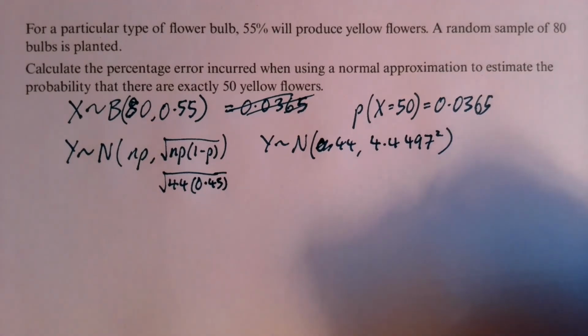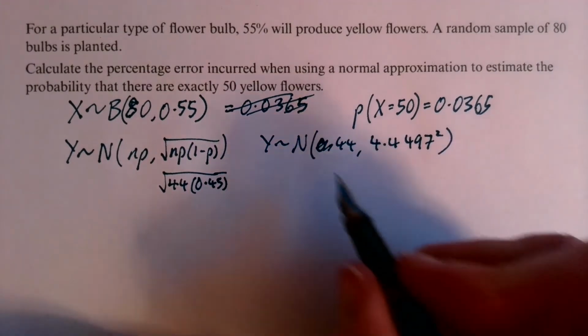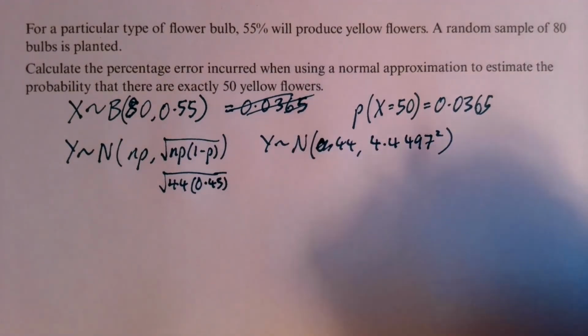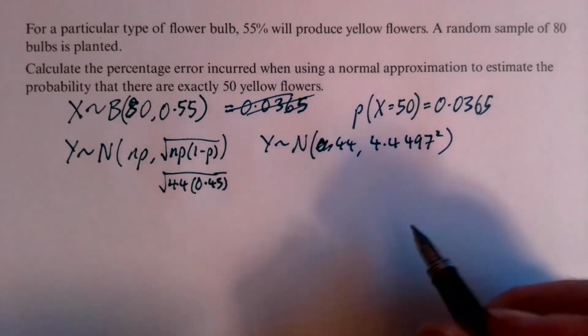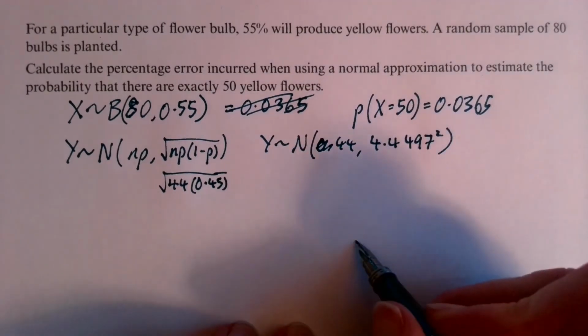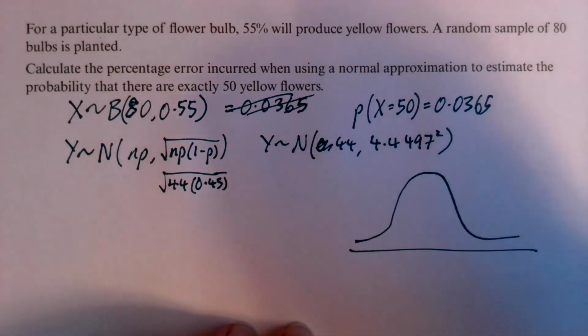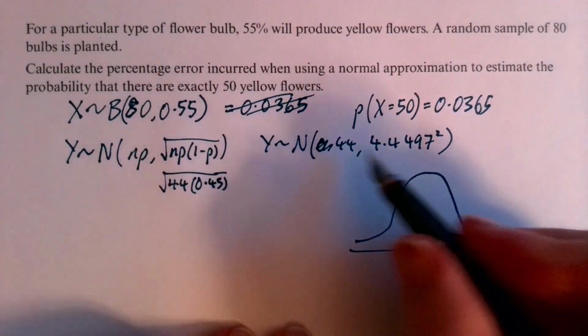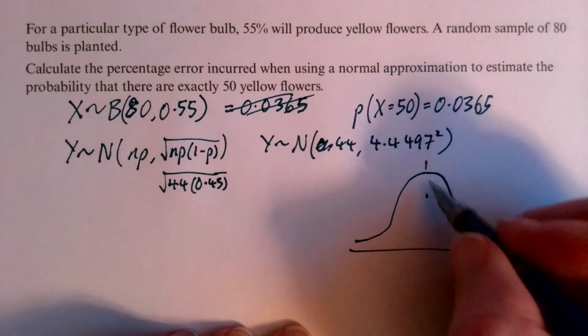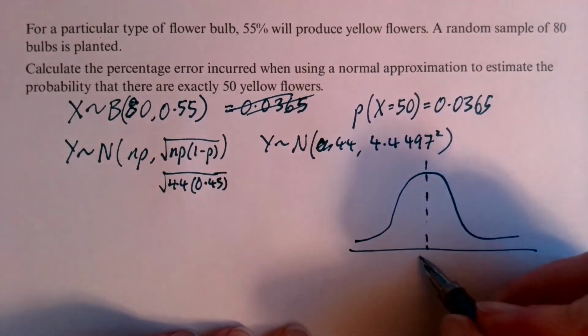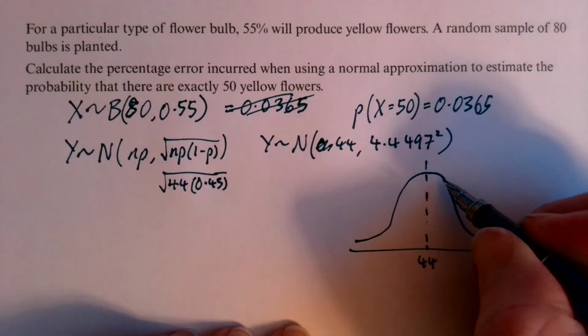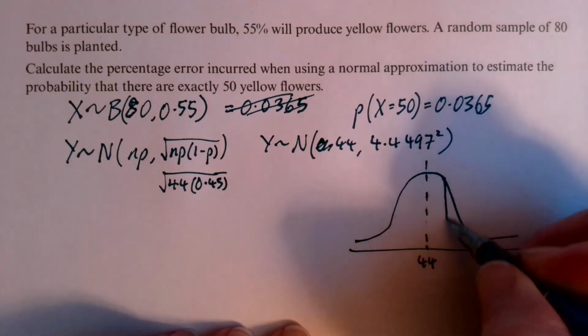And then we need to be thinking, when we have 50, let's just do a little drawing. So we're looking at 44, and we want the probability of 50.